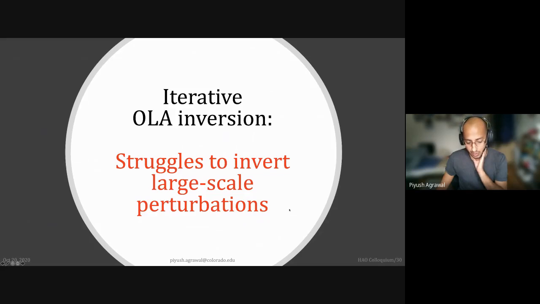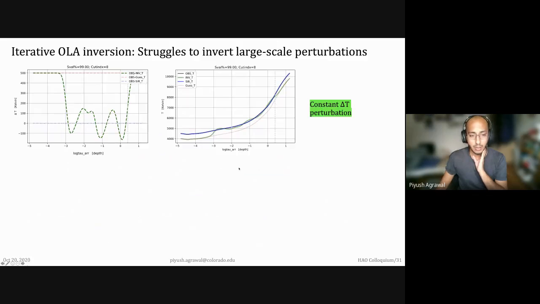Okay, so one of the key places where OLA struggles is inverting for large-scale perturbations. What I mean by that is, if I talk about the most simplistic perturbation that you can put into the system, it is a constant delta T. So in here, I have put in a 500 Kelvin constant delta T perturbation and tried to invert for it.